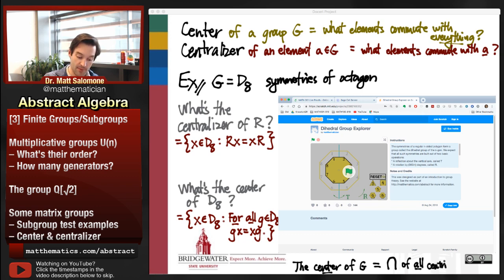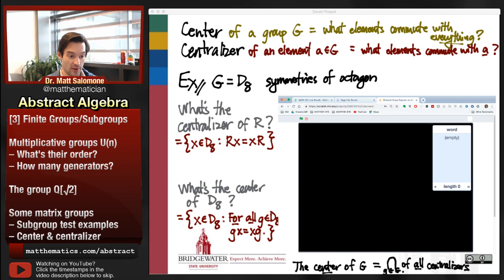Your centralizer, my centralizer, his centralizer, her centralizer, all of them intersected together across all elements of the group. Intersect them all together, we get the center. So that's why when I say the centralizer is a more limited concept, if we intersect all the centralizers together, we get the center, that which commutes with absolutely everything.